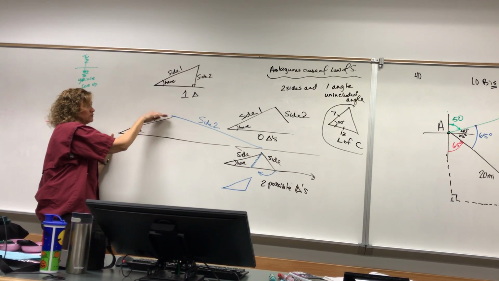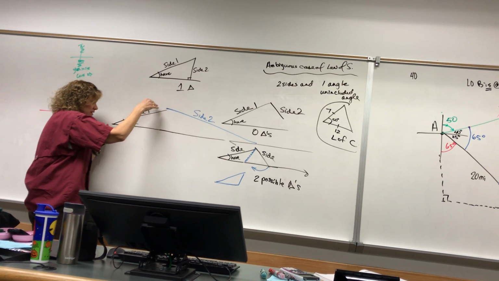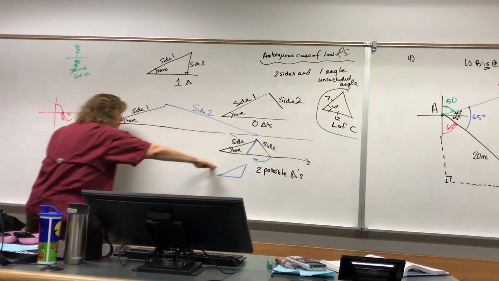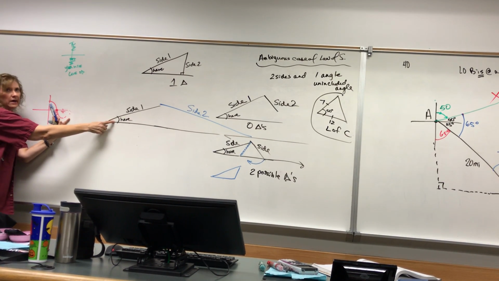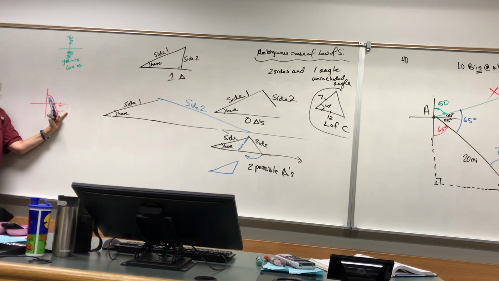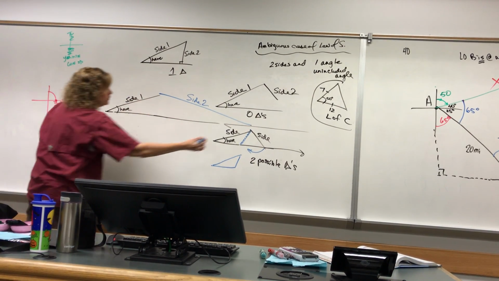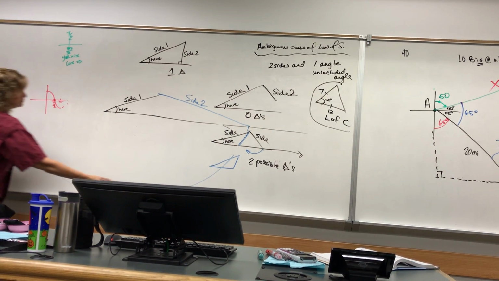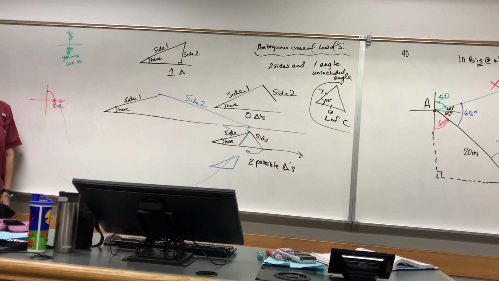Side 1 is fixed and side 2 length is fixed. So the only way side 2 is going to hit that ray is over here. If I pendulum and swing that back, it's intersecting over here, and now this angle's not in it. Does that make sense? It's too long. You take that fixed length and you swing it in a nice arc, it's going to end up over here. And now I'm not in the triangle that I need to have.